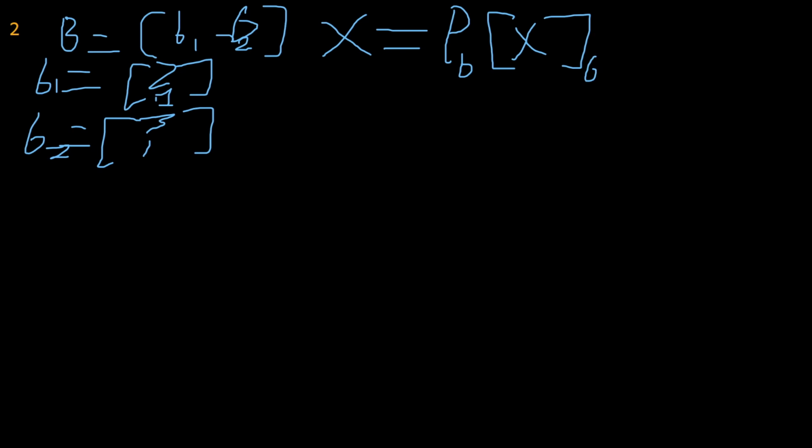What makes up this change of basis matrix, when we're trying to go from this non-standard basis B to our standard basis, is really just the two vectors of our non-standard basis B. So P_B equals the matrix with columns (2, 1) and (3, 1).